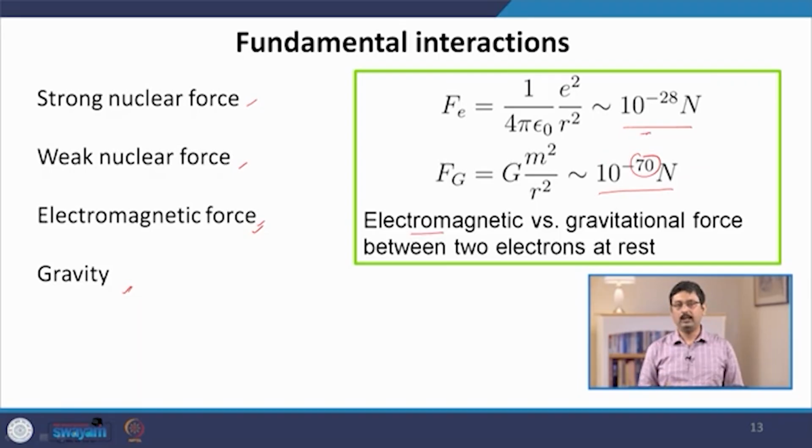That is why in day to day situations, the only gravitational force we need to consider is when one of the objects is the earth, that is the gravitation due to earth, or you need a mass of the scale of the size of earth to really consider the gravitational interaction.